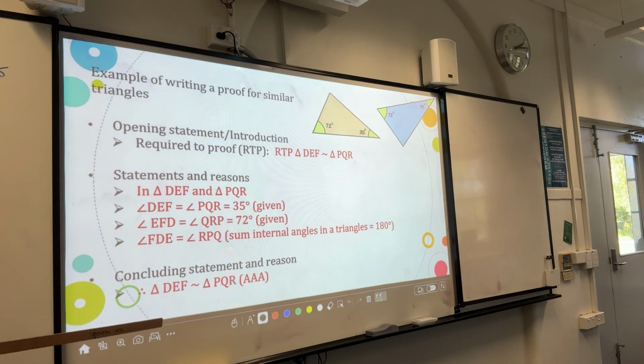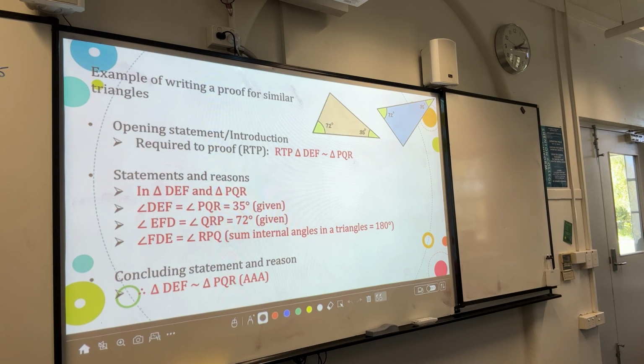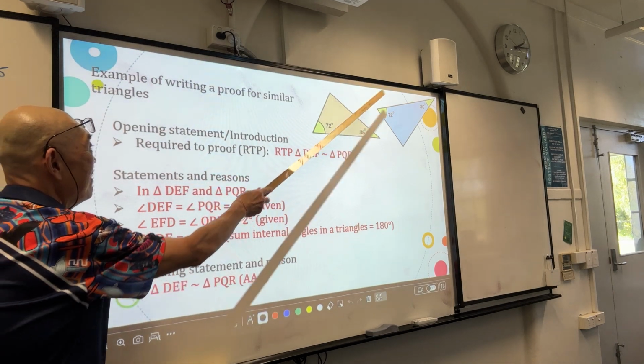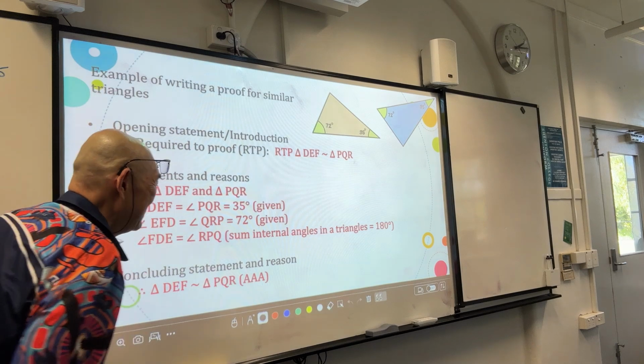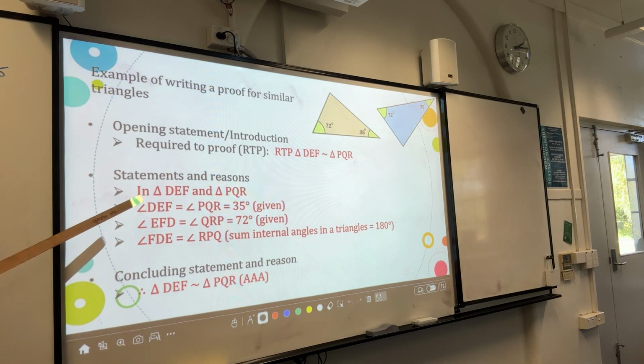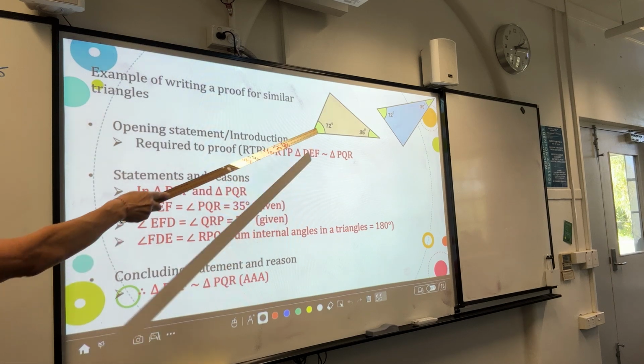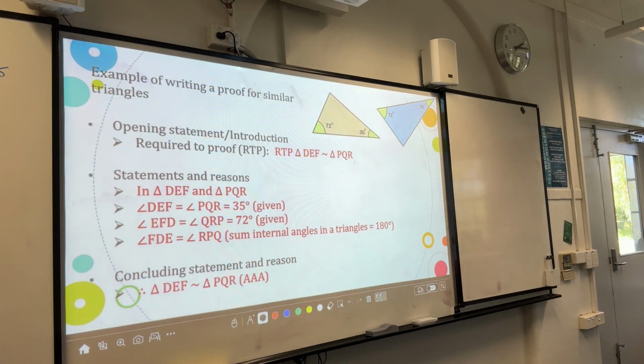What are the statements? In triangle DEF and triangle PQR, I haven't labeled this yet, but you'll be able to deduce from here. Angle DEF is the same as angle PQR, equals 35 degrees. Why? Because this is the reason: it's given in the diagram.